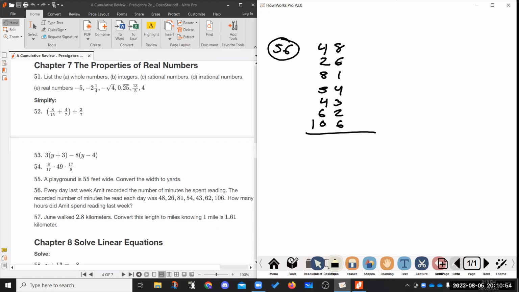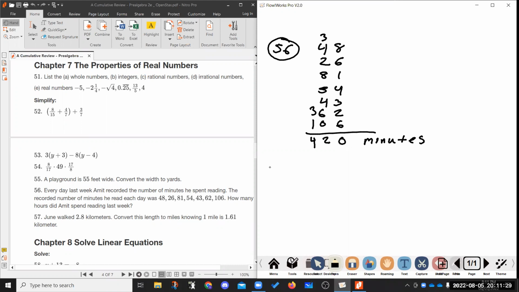So 14 and 1 is 15 and 4 is 19 and 3 is 22 and 2 is 24 and 6 is 30. 0 carry the 3. 3 and 4 is 7 plus 2 is 9 plus 8 is 17 plus 5 is 22 plus 4 is 26 plus 6 is 32. I end up with 420, and these are minutes. Better put my units there. Okay.